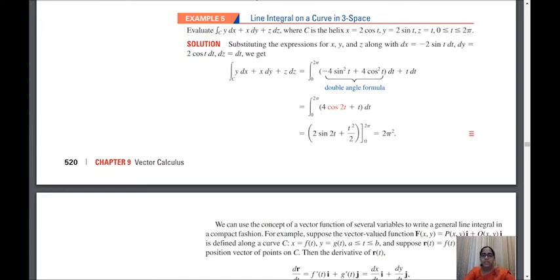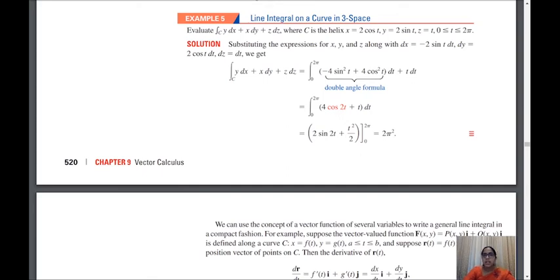We will replace everything in terms of t. If x is 2 cos t, dx will be minus 2 sin t. If y is 2 sin t, dy will be 2 cos t. And if z is equal to t, dz will be dt.